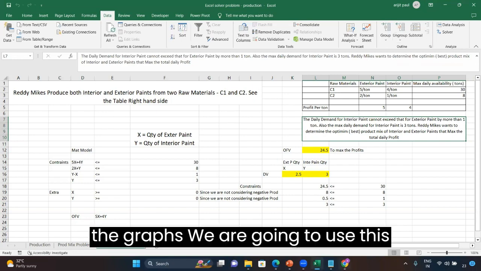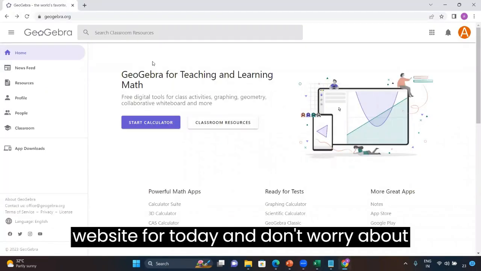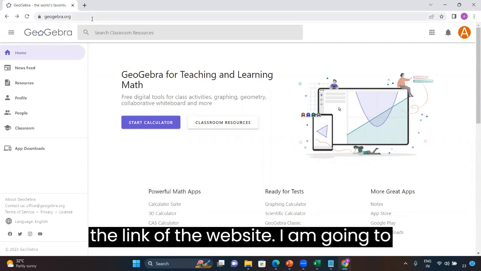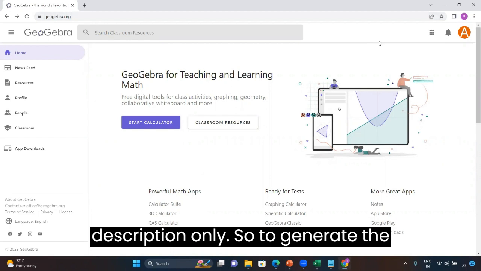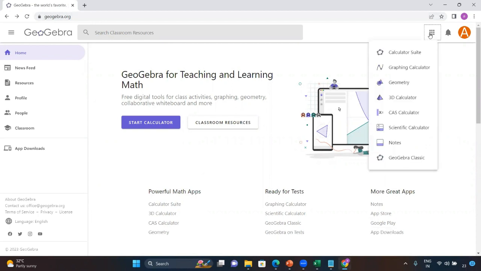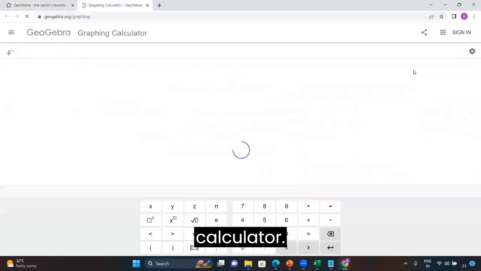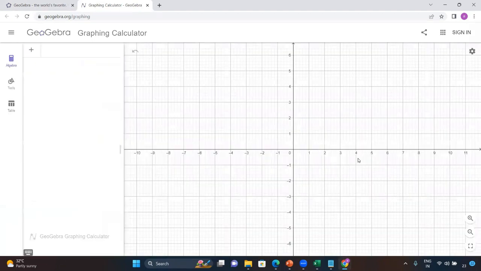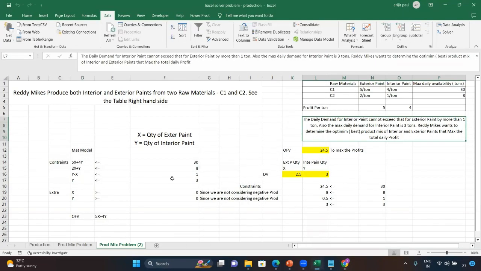So to generate the graphs, we are going to use this website for today. And don't worry about the link of the website. I am going to mention the link in the video description only. So to generate the graph, we need to go to the tab Graphing Calculator. So in this tab, we are going to generate the graphs.